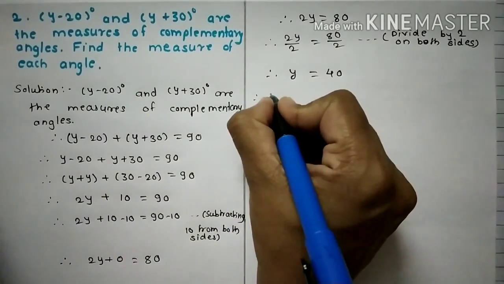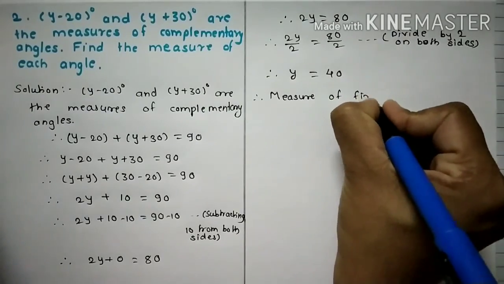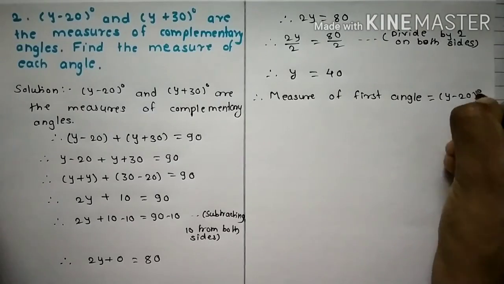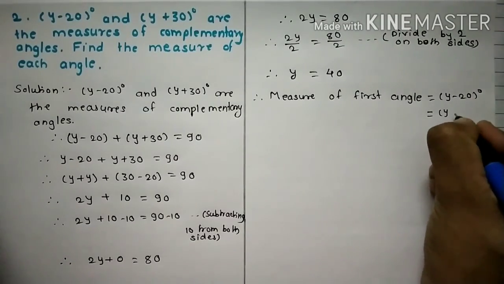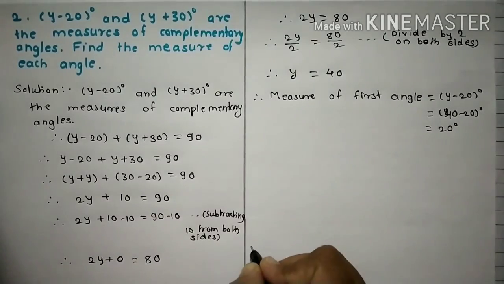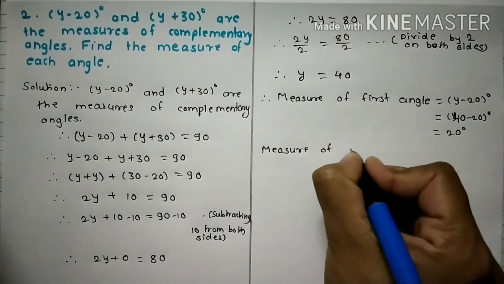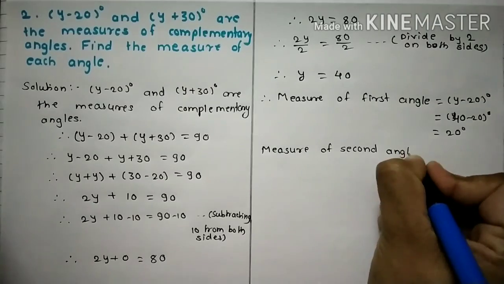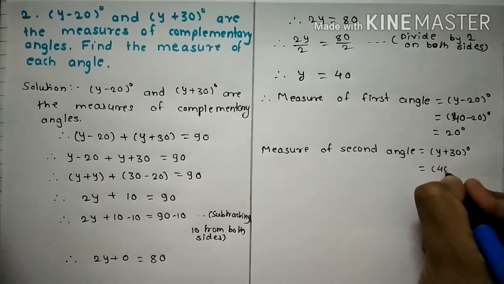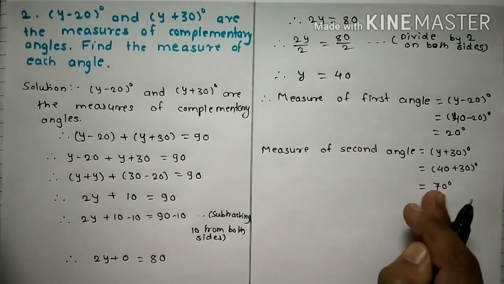Okay. Now by substituting the value of y we get the measure of each angle. Therefore the measure of the first angle is equal to y minus 20 degrees. y is 40, therefore 40 minus 20 degrees, that is 20 degrees. Therefore the measure of the first angle is 20 degrees, and the measure of the second angle is y plus 30 degrees, that is equal to 40 plus 30 degrees, which is 70 degrees.